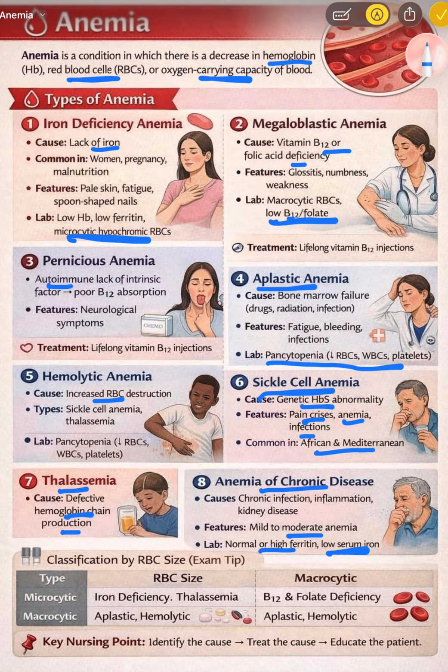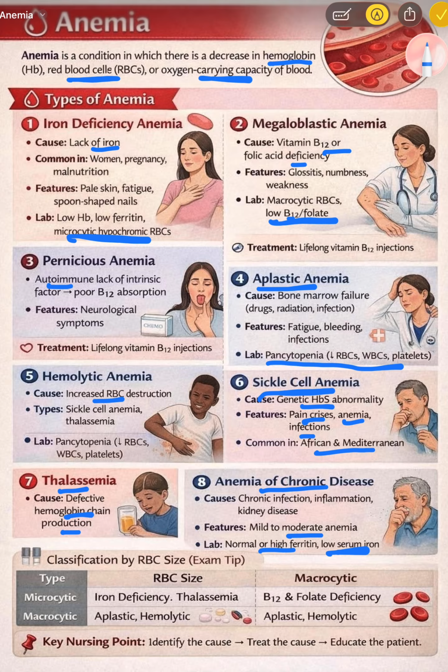Now, how will you classify it as microcytic and macrocytic? So, iron deficiency anemia and thalassemia are microcytic, hypochromic. In peripheral smear, the RBCs will be microcytic and hypochromic. While when the peripheral smear is done in megaloblastic anemia and folate deficiency anemia, the RBCs will be macrocytic.